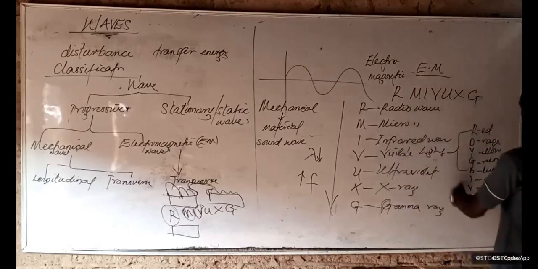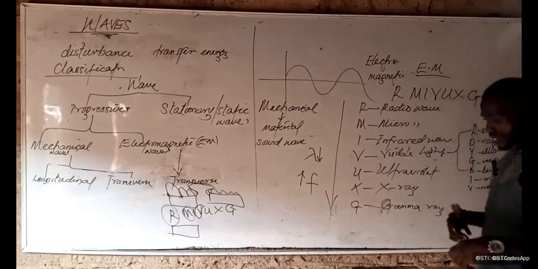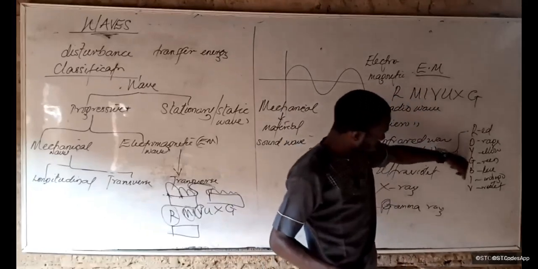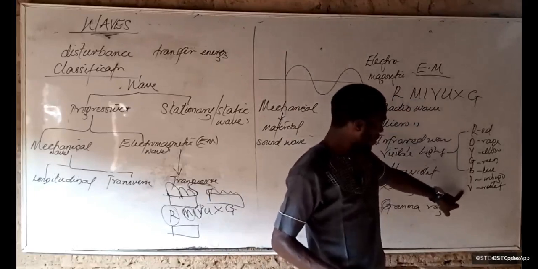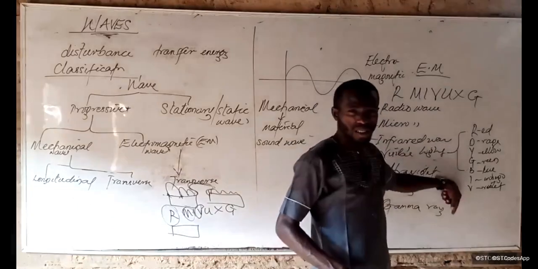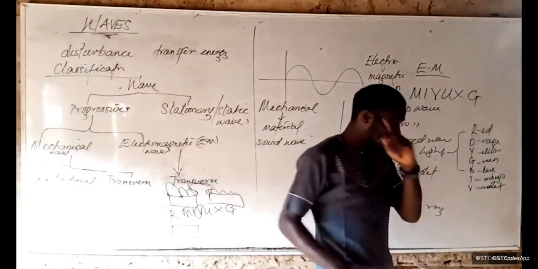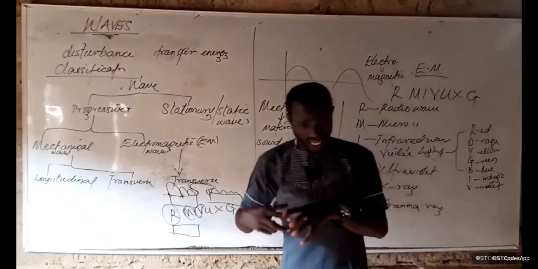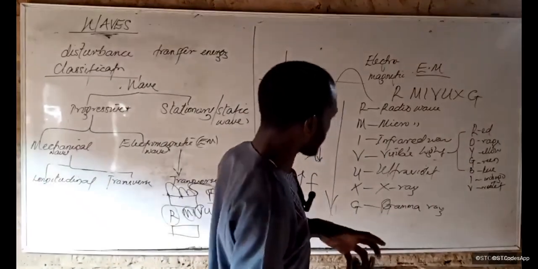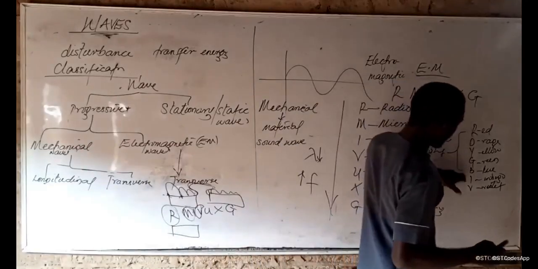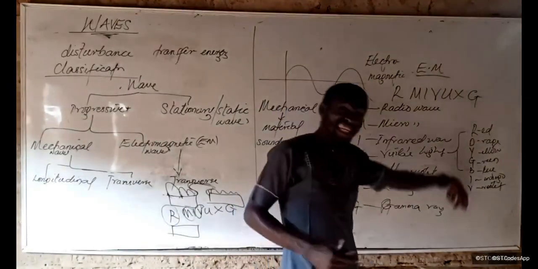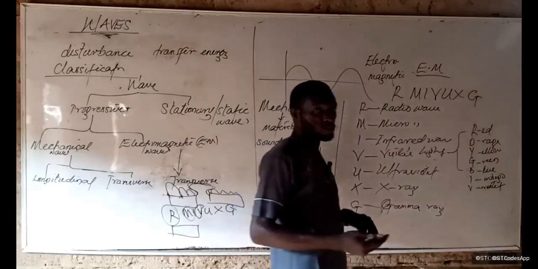This spectrum is also their order of increasing wavelength, and the order of increasing speed. Since speed is directly proportional to wavelength, all right?